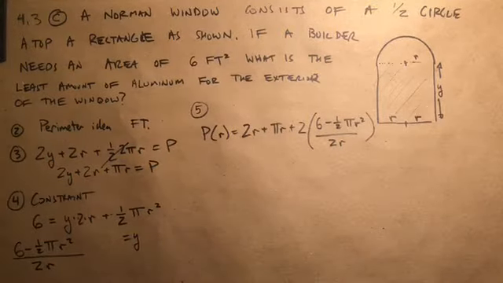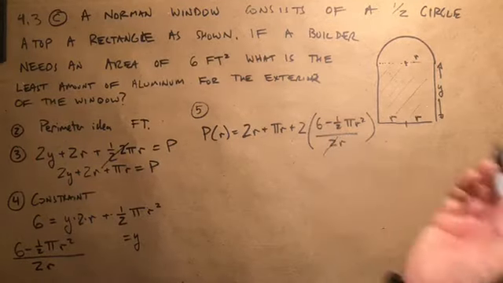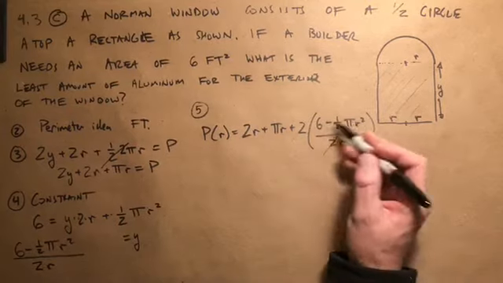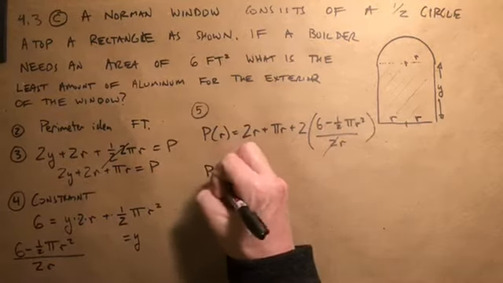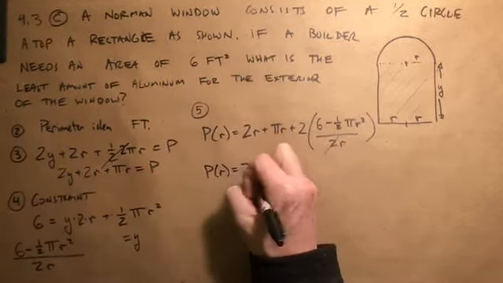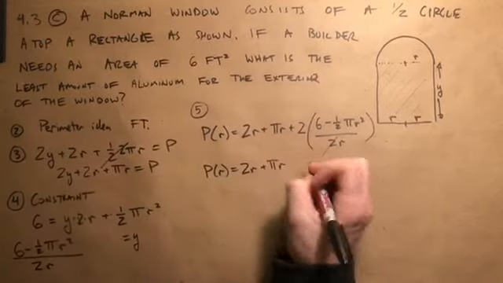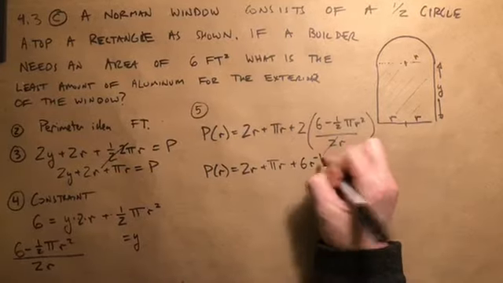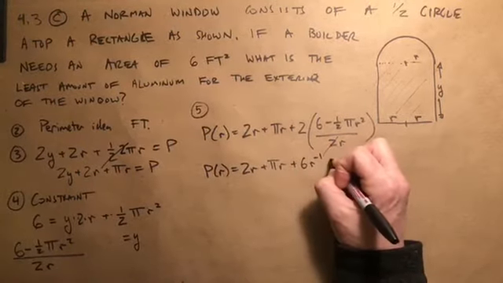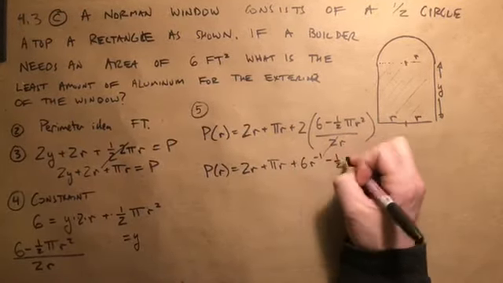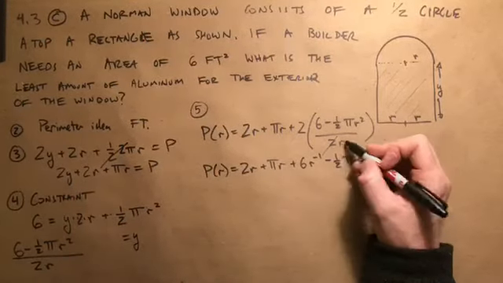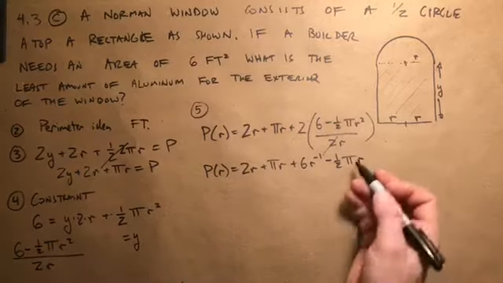I want to do just a little bit of housework, minimal housework, before we go, and certainly those 2's can do the dance. And then I'm going to bring that r to each part of the fraction as well. So P of r is equal to 2r plus pi r plus 6r to the negative first minus 1/2 pi r. We saw the r squared and the r, we subtract exponents, and we're left right there.